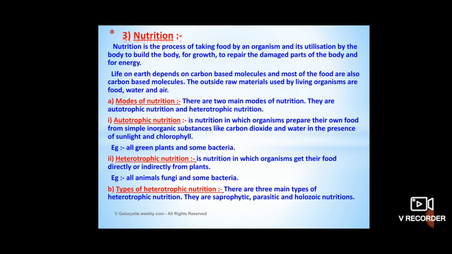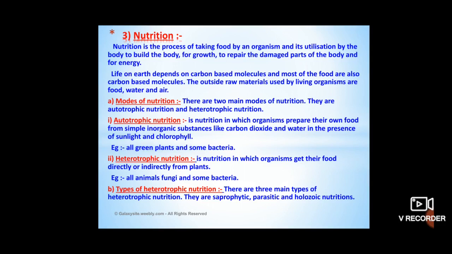Not only green plants, some bacteria also come under this group of autotrophic nutrition. They have the capacity to prepare their own food by photosynthesis. In photosynthesis there are majorly 3 to 4 steps actively involved, which we will discuss later.